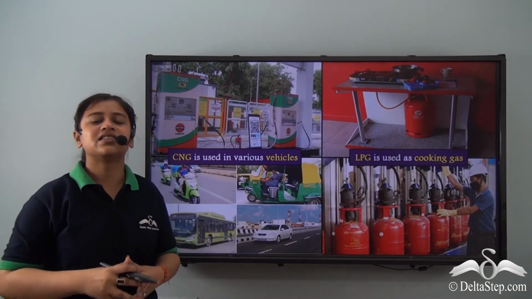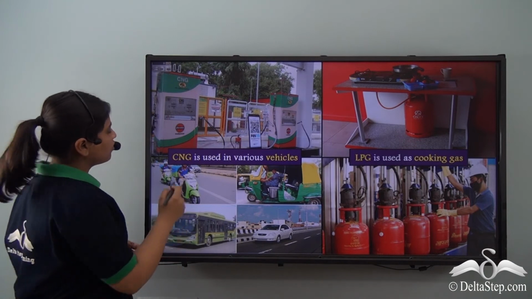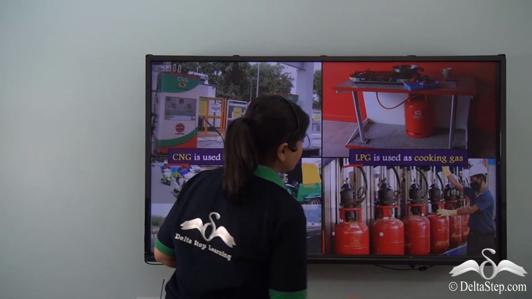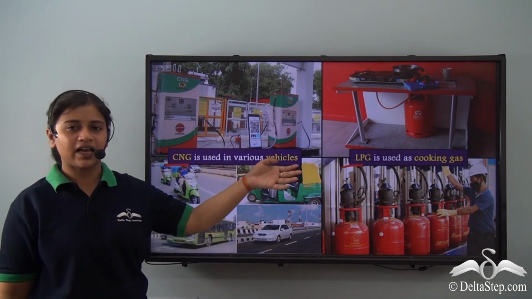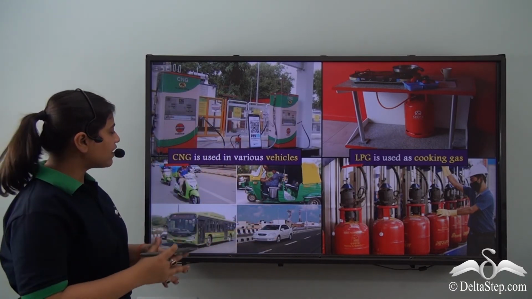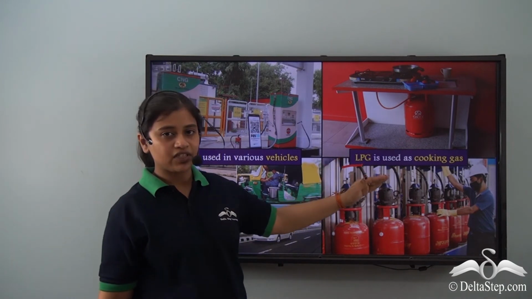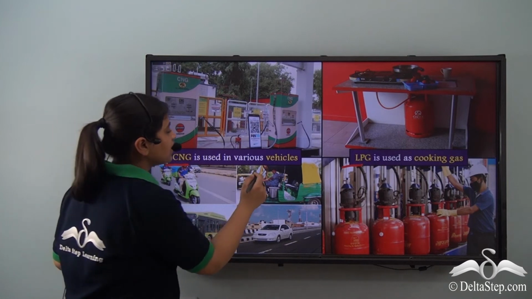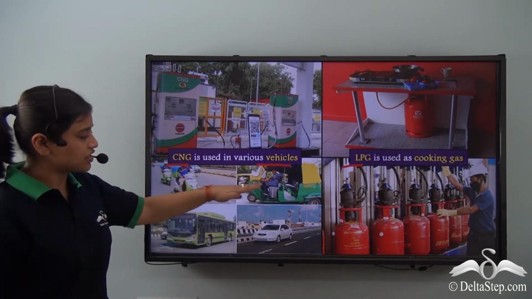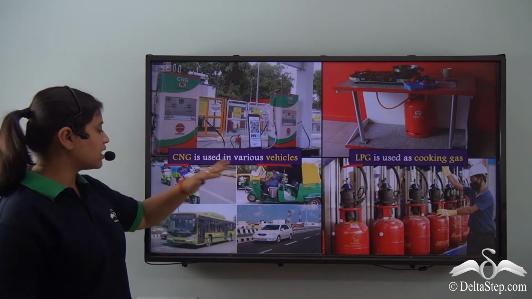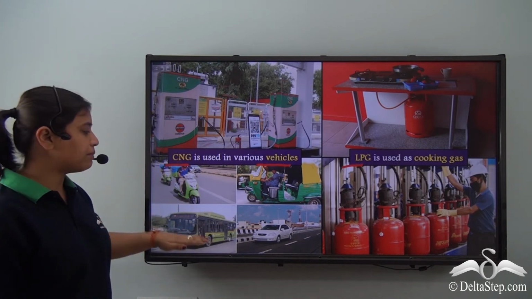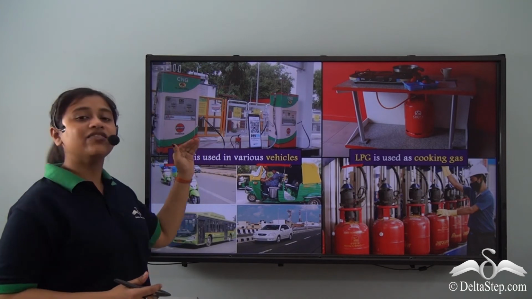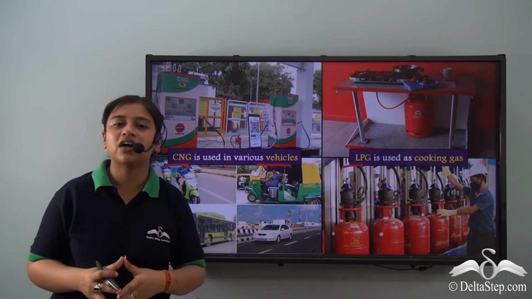Natural gas is refined to get CNG, that is compressed natural gas, and LPG, that is liquefied petroleum gas. CNG is used in various vehicles, as you can see here in this particular image, by autos, motorbikes, buses and cars, and it is also being installed in various oil stations in different parts of the country.